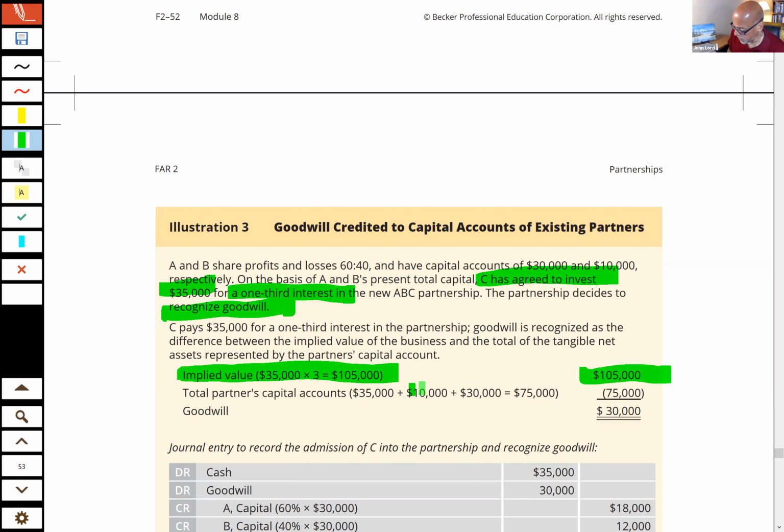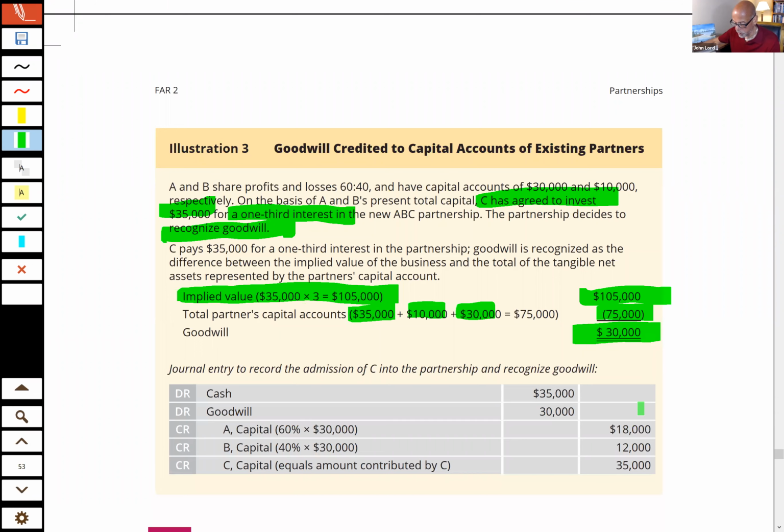Yet the capital accounts of A and B plus what he brings in at 35 says that the tangible assets here are only worth 75,000. So we must have what? Goodwill.